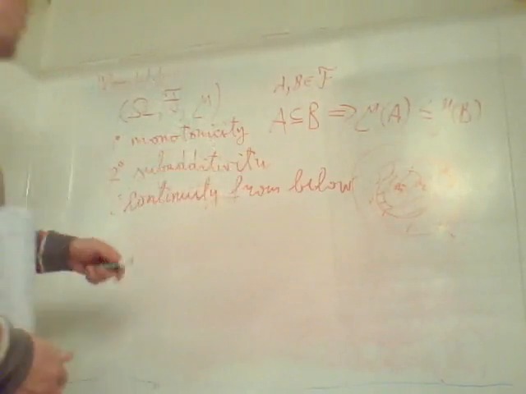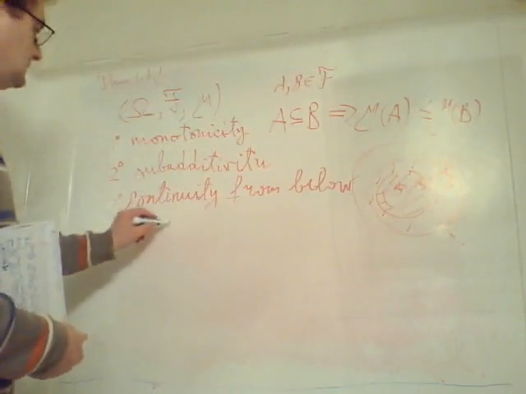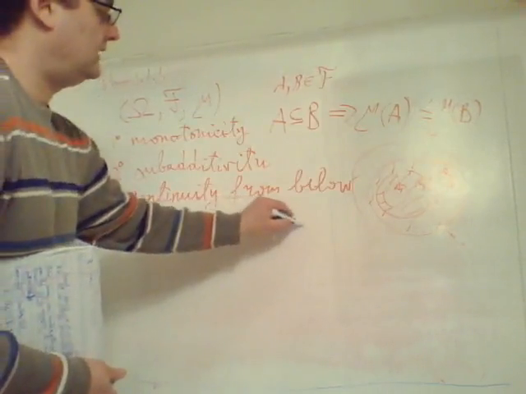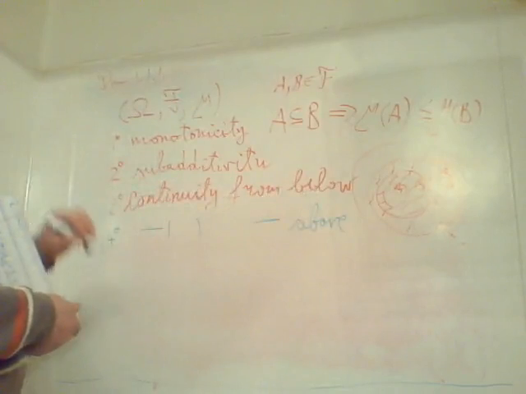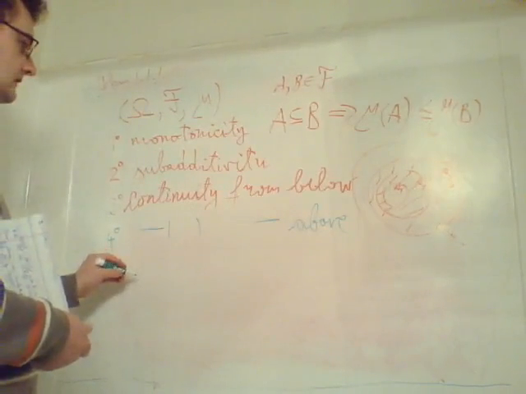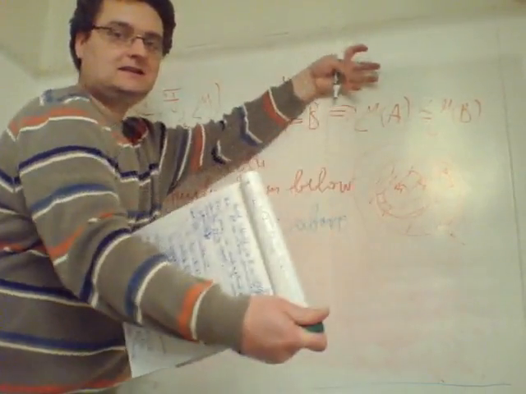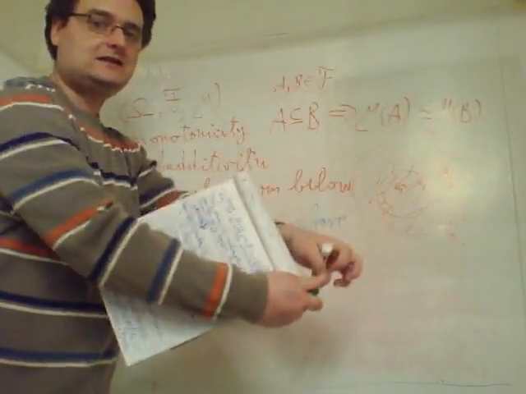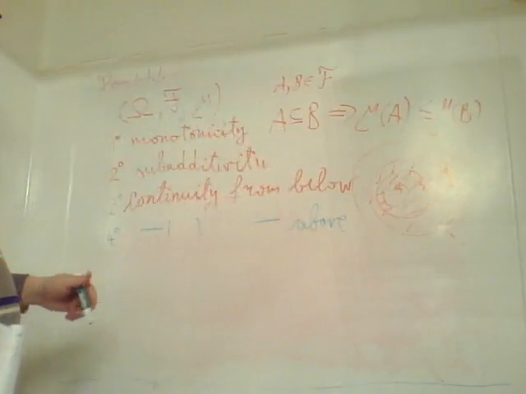Continuity from above is the following. Instead of having an increasing sequence, now you have a decreasing sequence, and you are taking their intersection.